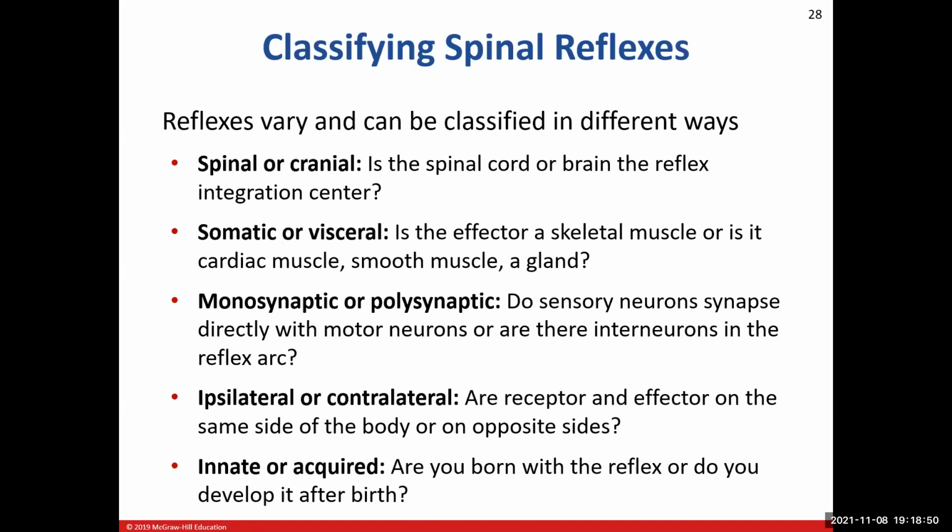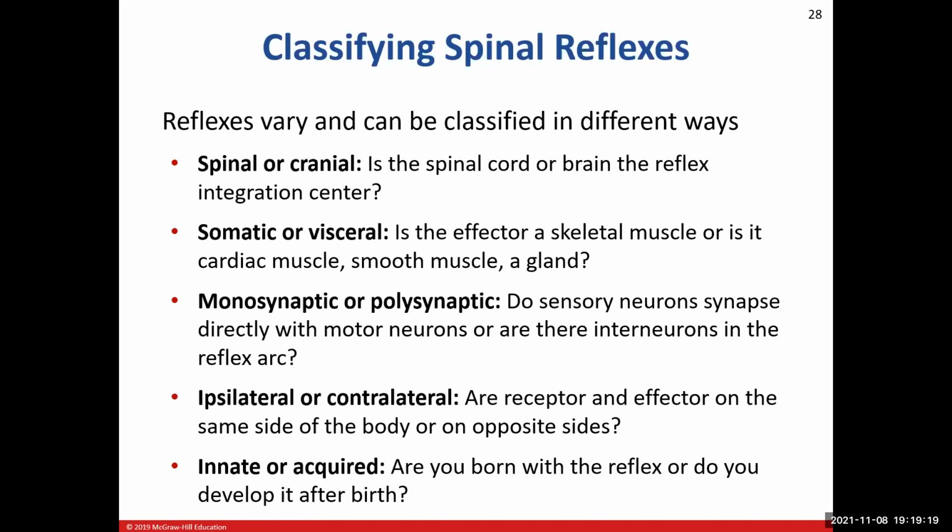If it's a somatic reflex, then the effector is the skeletal muscle. All right, that's what we're going to learn this class in Bio 210. If it's a visceral reflex, then it's going to involve cardiac muscle, smooth muscle, or a gland. That's a visceral reflex. And guess what? You're going to learn about the visceral reflexes in Bio 211. So stay tuned for that.